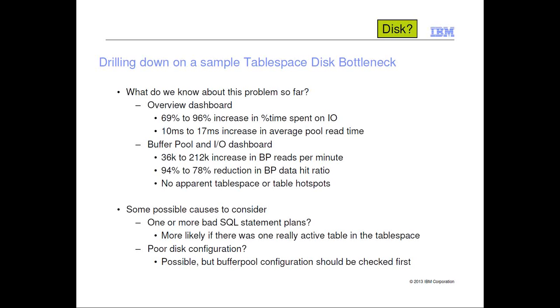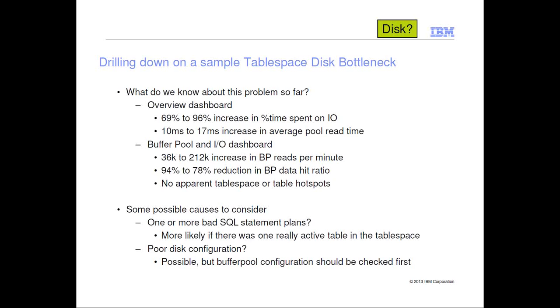The buffer pool and IO dashboards show us details about the buffer pool reads per minute. And we also saw that the data hit ratio dropped from 94% utilization to 78%. And there was no apparent table space or tables which showed any hotspots with respect to performance.